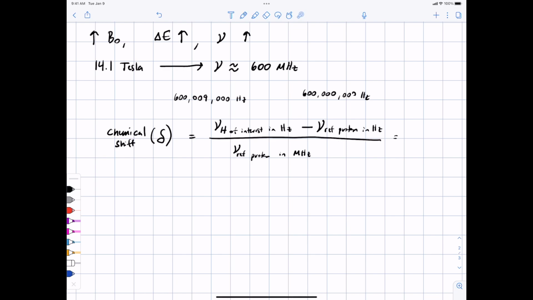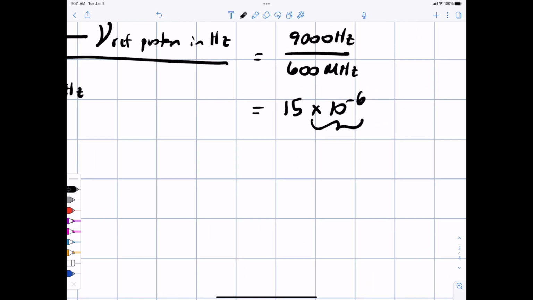So, for example, if this is our reference proton, and this is our proton of interest, you end up with basically 9,000 hertz divided by 600 megahertz, which converts to 15 times 10 to the minus 6, and we call that 10 to the minus 6 parts per million.